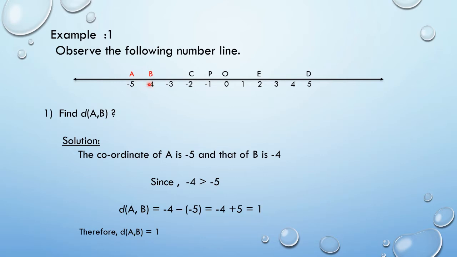And we know that -4 is greater than -5. Therefore, distance AB is equal to -4 minus -5, that is equal to -4 plus 5, which is equal to 1. Therefore, distance AB is equal to 1.